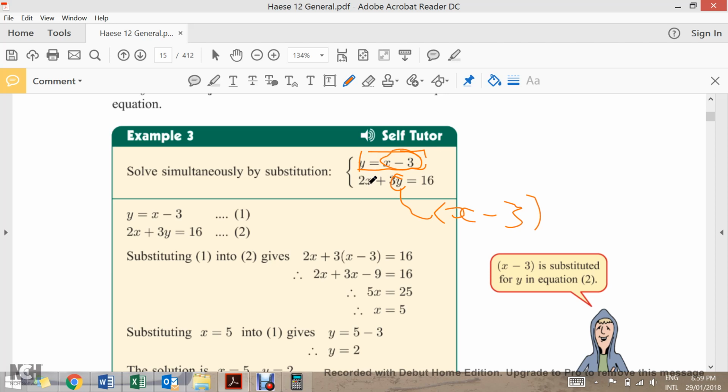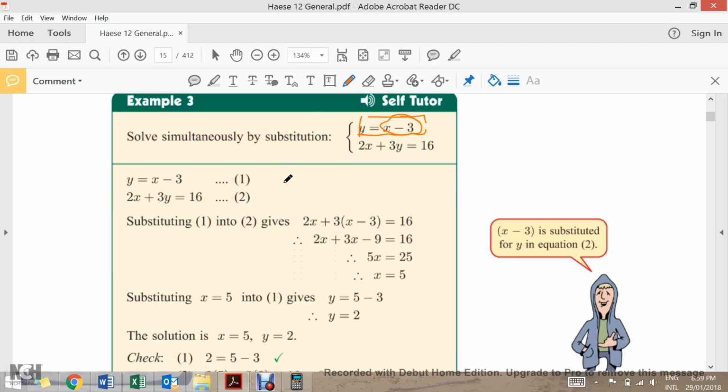You should also find that if you substituted the x value back into this original equation, you'll get the same value for y. So what do I mean by that? If we call this equation the first equation and this the second equation, substituting 1 into 2 gives 2x plus 3 lots of y.